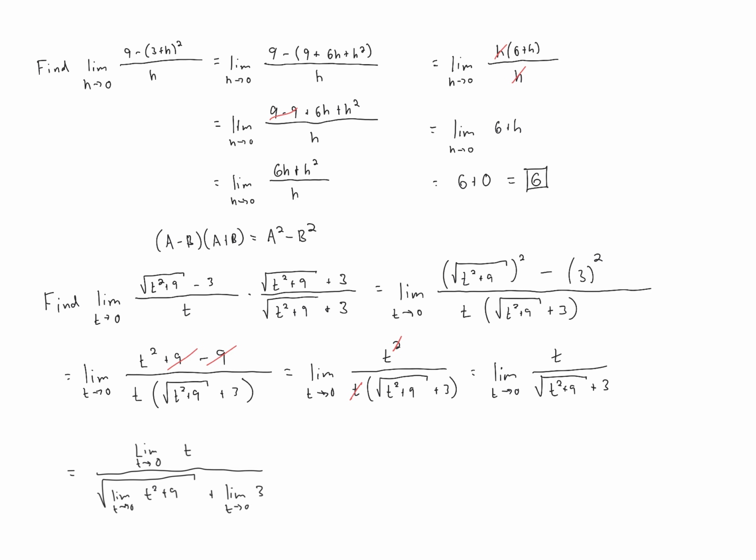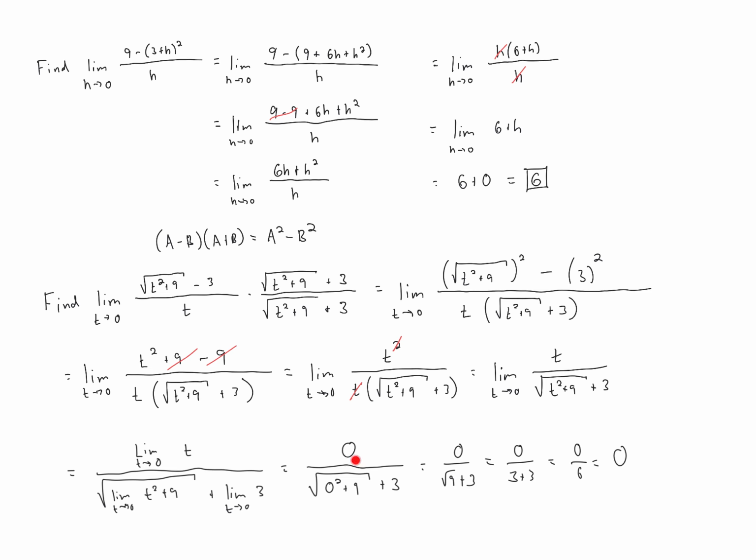And once we're at this point, we can use direct substitution on all of those limits because those are all polynomials. And so that's going to give us 0 in the numerator when we plug that in for t. And then under the square root, it's going to be the square root of 0 squared plus 9, and then plus 3. So it's going to be 0 over the square root of 9 plus 3, which is 0 over 3 plus 3, which is 0 over 6, which is 0 in the end.